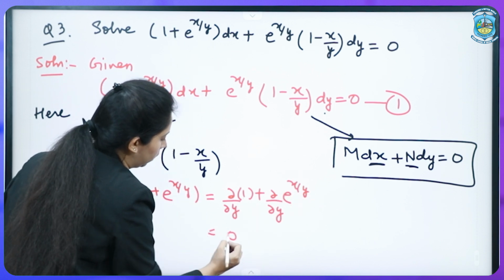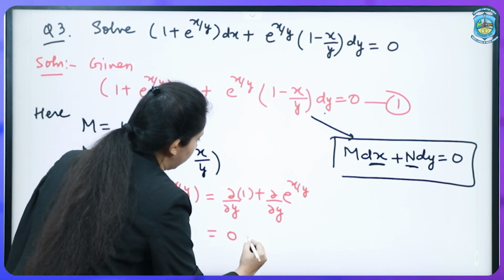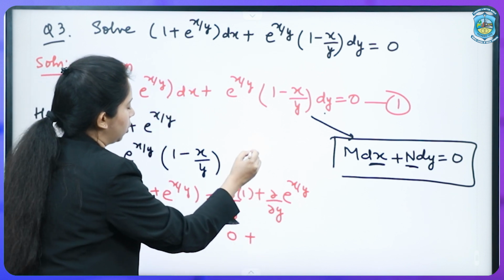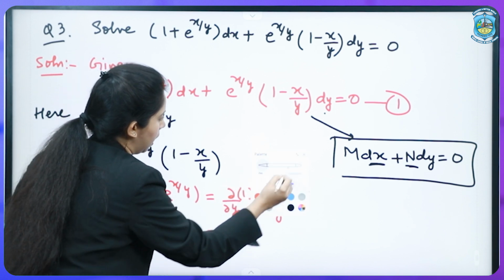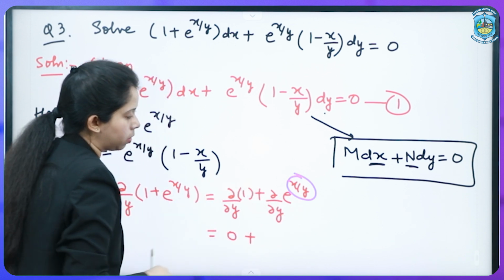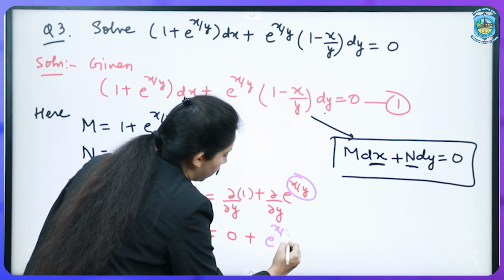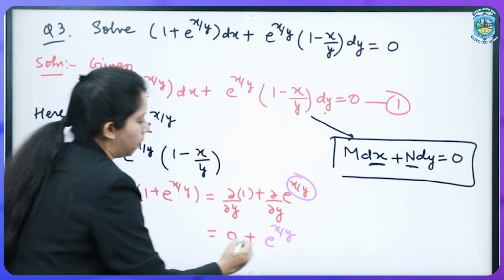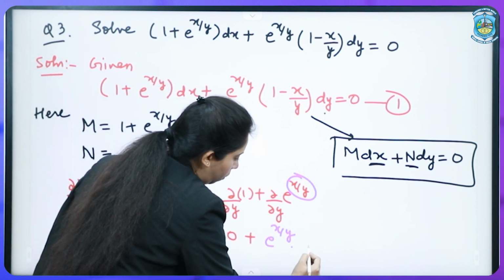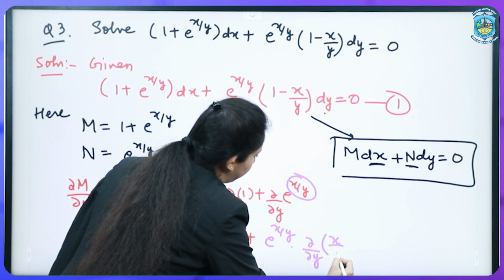Differentiation of a constant with respect to y is 0, plus since the exponential function has y in it, we have to differentiate it with respect to y. The derivative of an exponential function is the function itself multiplied by, using the chain rule, del y of x/y.